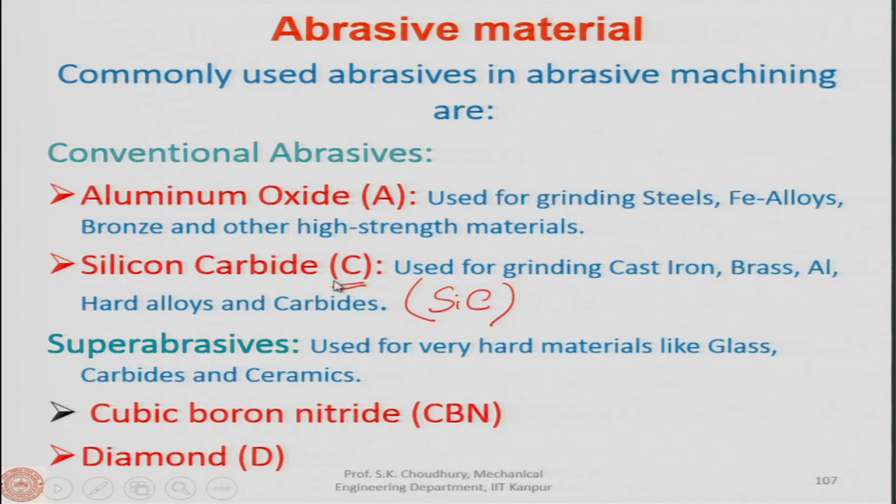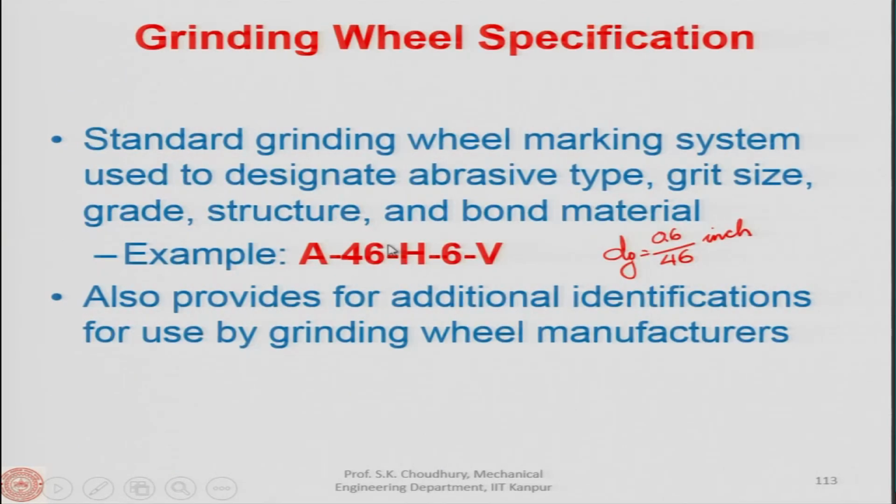That is one thing. Second, for example, here it is the size. You cannot use that for a very finishing operation, because this is a coarse grain, not a very fine grain, because grain fineness is proportional to this number. Since it is not a very fine grain, this grinding wheel is not for the finish operation, and so on.